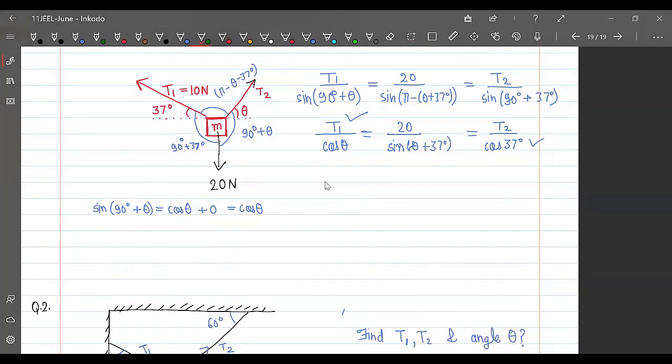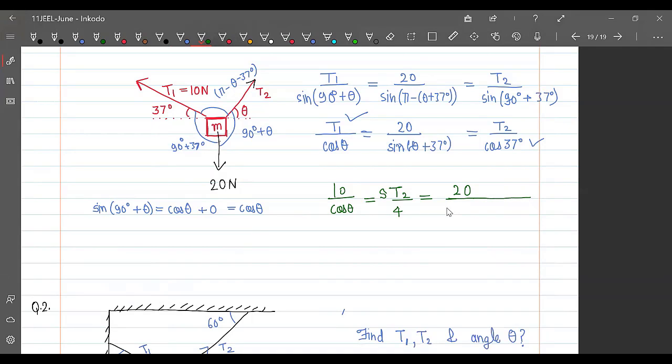So this will be 10 by cos theta equals to T2 by cos 37. Cos 37, that is 4 by 5. And from here you can get 20 by sine theta plus 37.